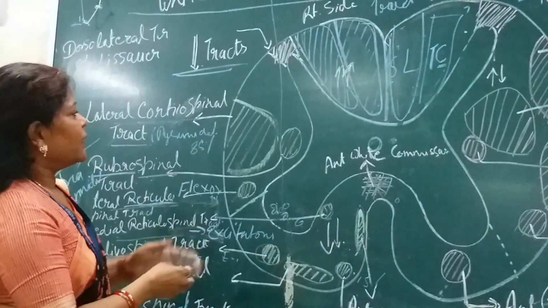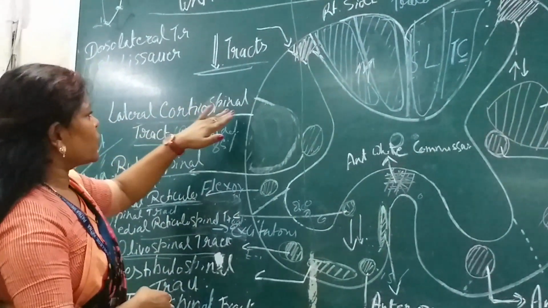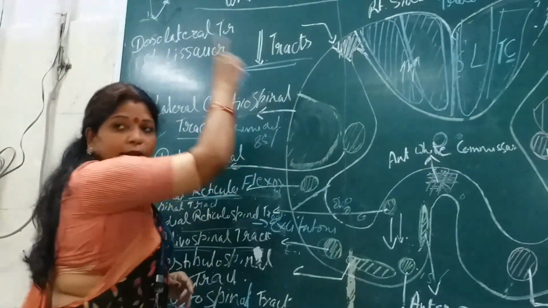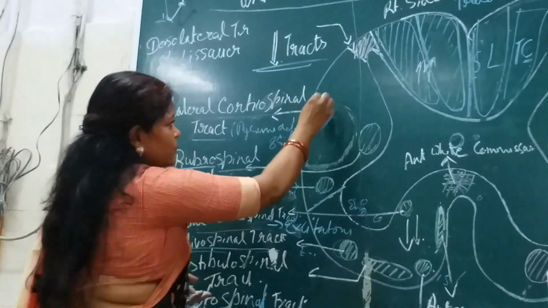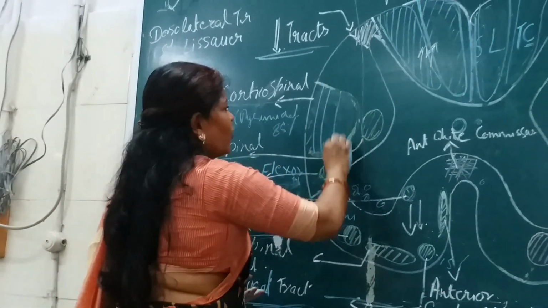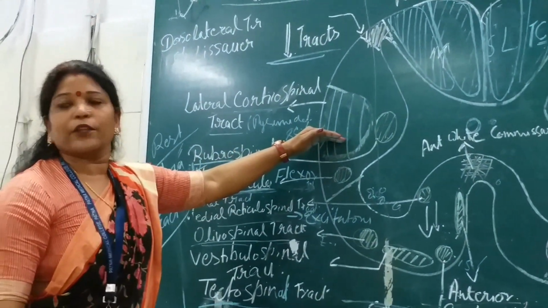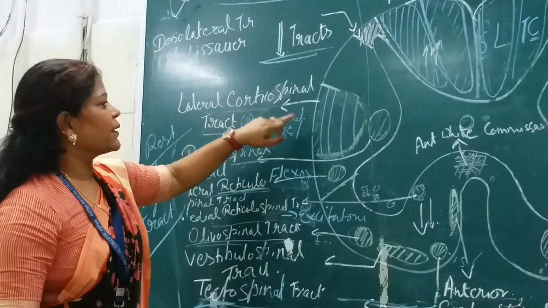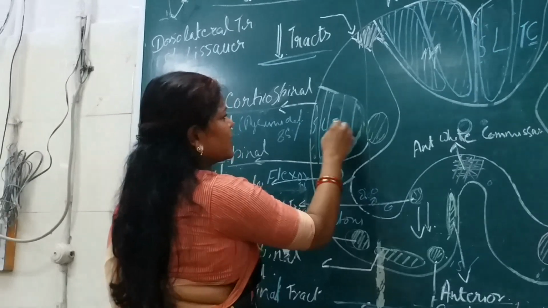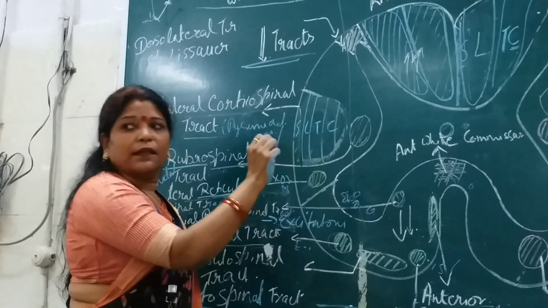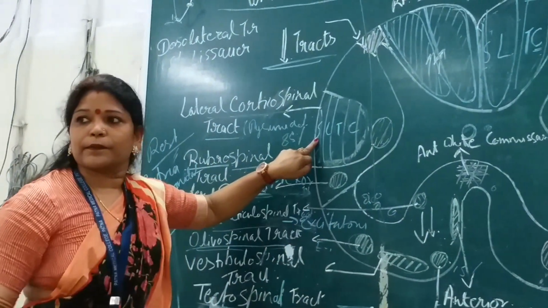Just like that, I am explaining the arrangement again here. This is the lateral corticospinal tract, that means the descending fibers for the whole body, for all the areas. So here, what will be the pattern? Again, there is a somatotopic arrangement. In this corticospinal tract, the cervical, then thoracic, then lumbar, then sacral. That means the sacral, which was most medial in the dorsal column, is lateral here.